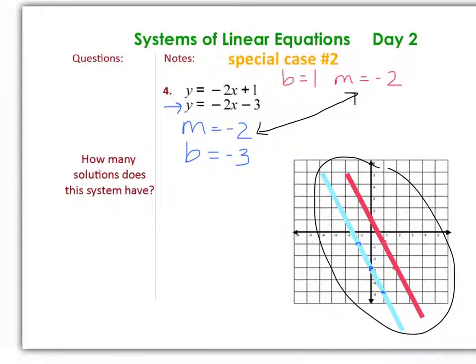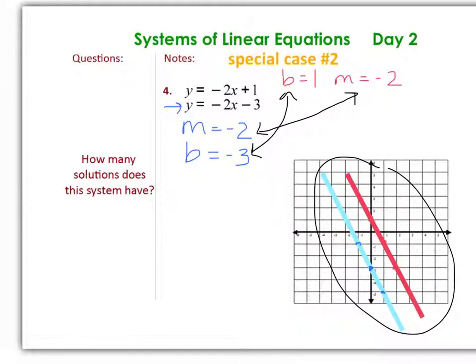Let's look at my slope. Do those lines have the same slope? Yeah. So these two lines are decreasing at the exact same amount, and they'll actually never cross each other because their y-intercepts are different.